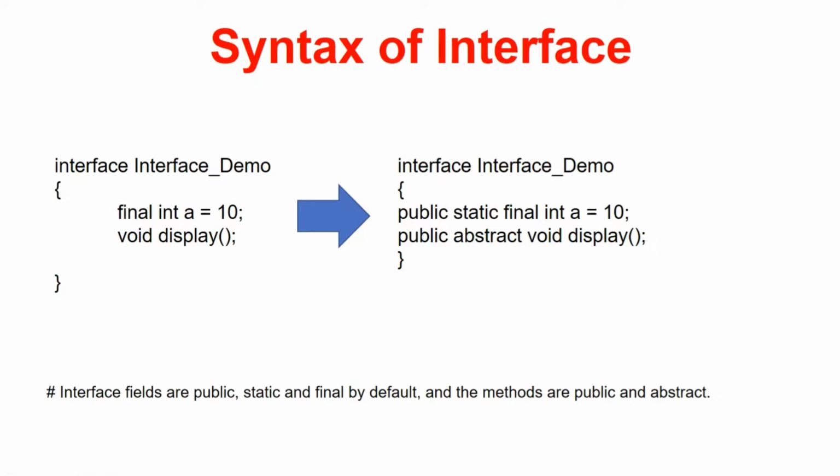It holds a value of 10, and I have a method called display. If I declare int a, by default the interpreter will identify it as public static final int a. Similarly, if I declare a method void display, that is also identified as public abstract void display. So whatever we give in the interface should be public as far as the interpreter is concerned, right?